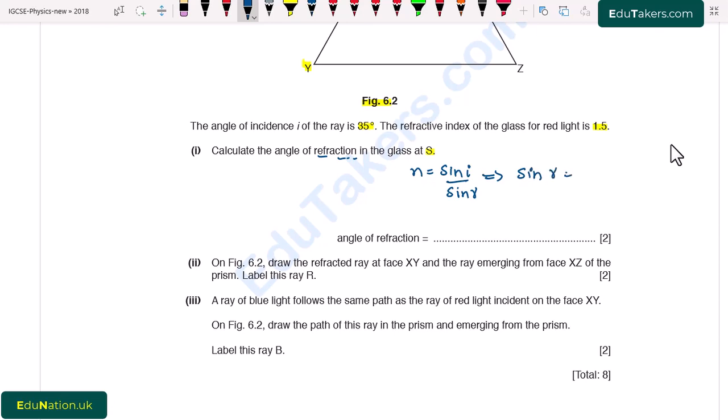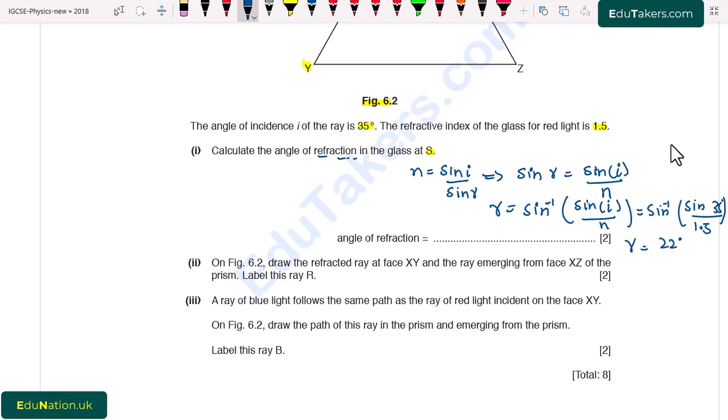Sine r will be equal to sine of angle of incidence over n, and r will be equal to sine inverse of sine of angle of incidence over n. So sine inverse of sine of 35 degrees divided by n, which is 1.5. So the angle of refraction comes to be 22 degrees. So the angle of refraction is equal to 22 degrees.